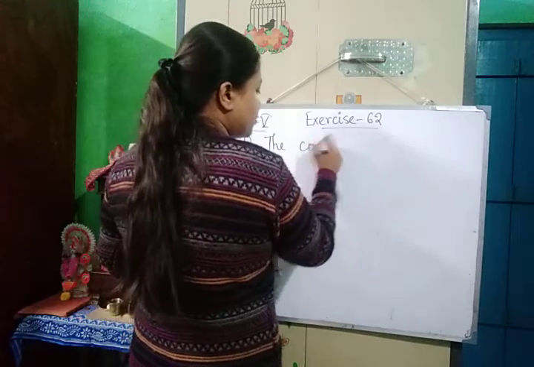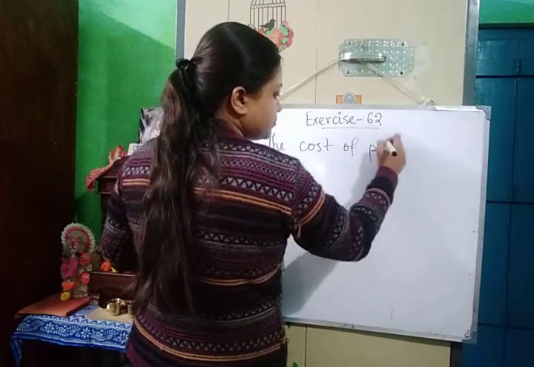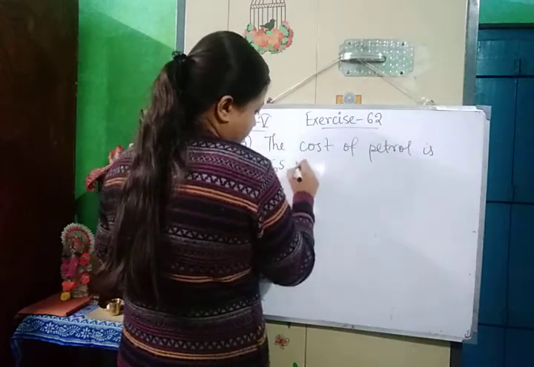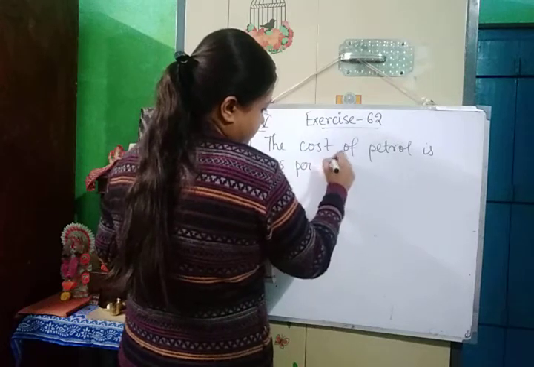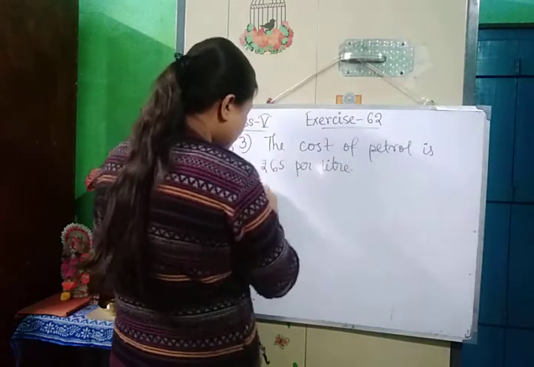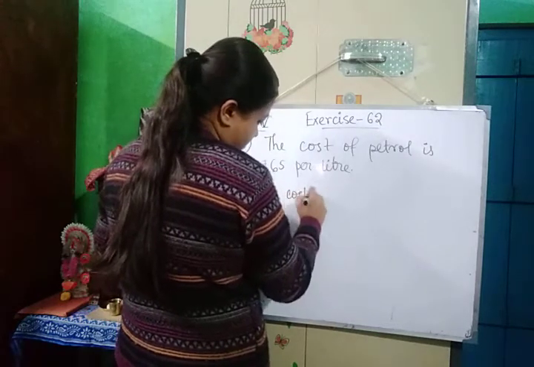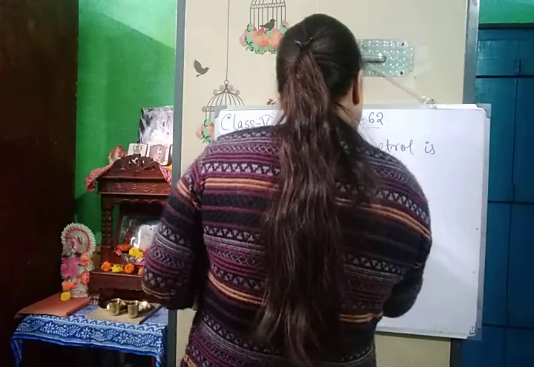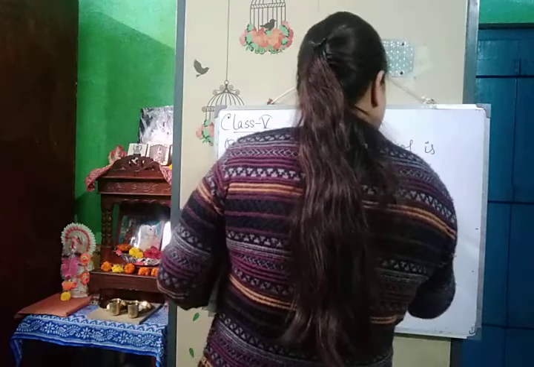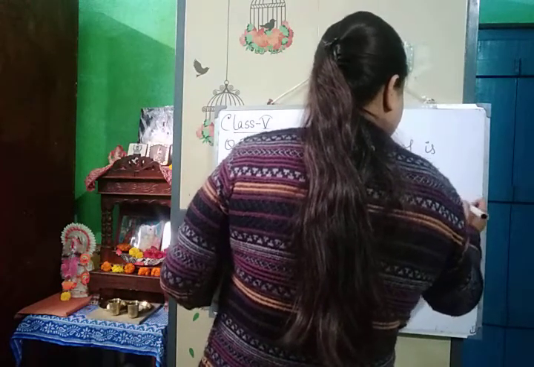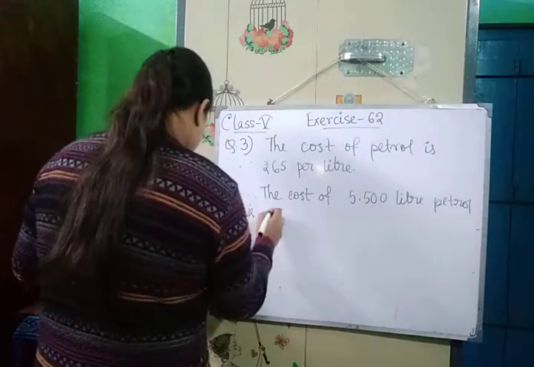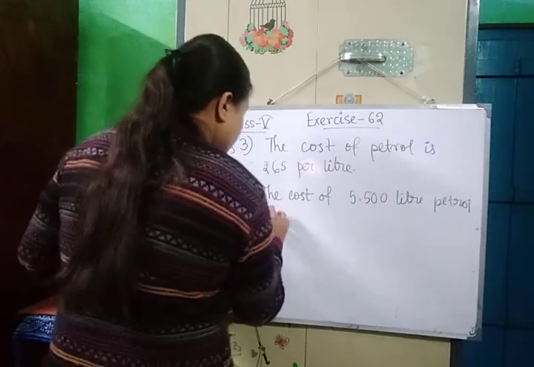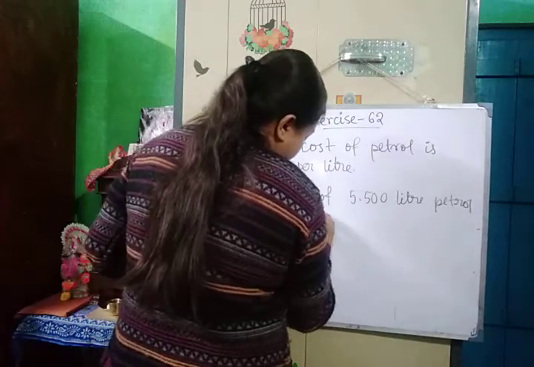The cost of petrol is rupees 65 per liter. Okay. Therefore, the cost of 5.500 liter petrol is rupees 5.500 into 65.